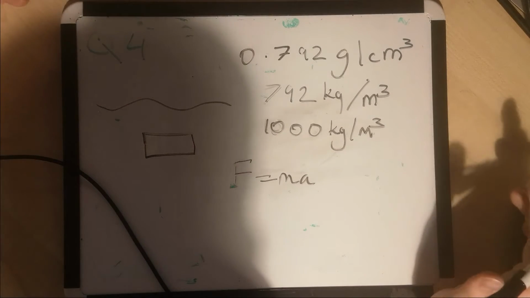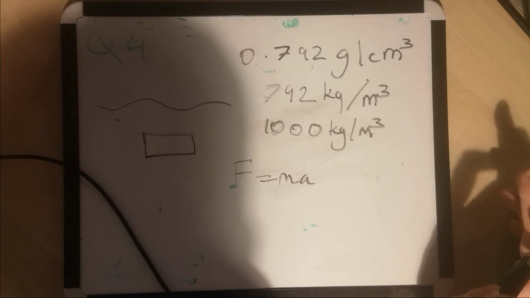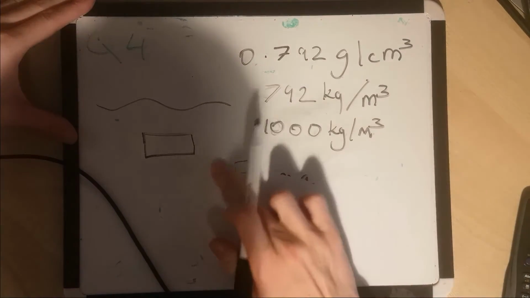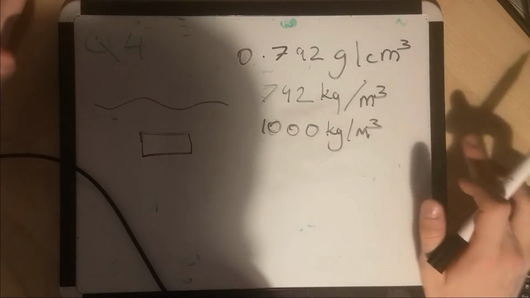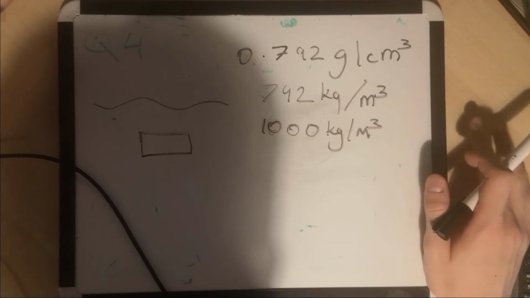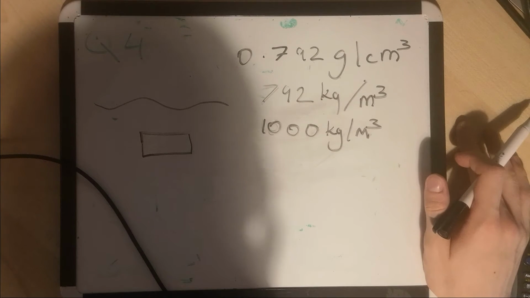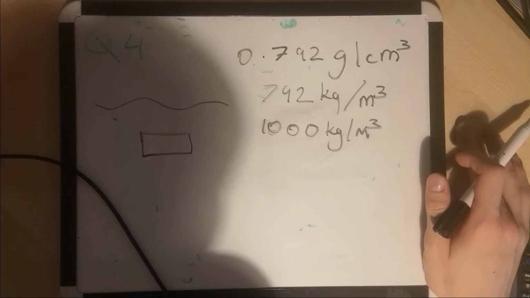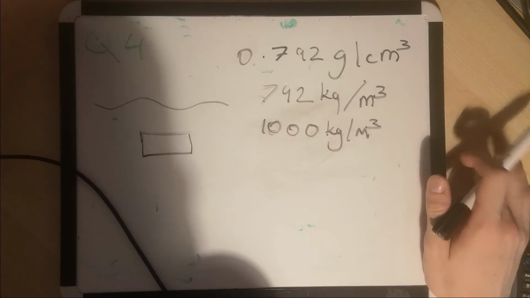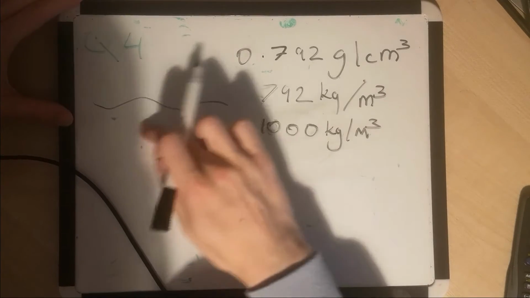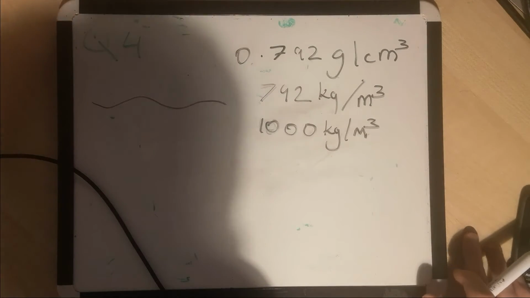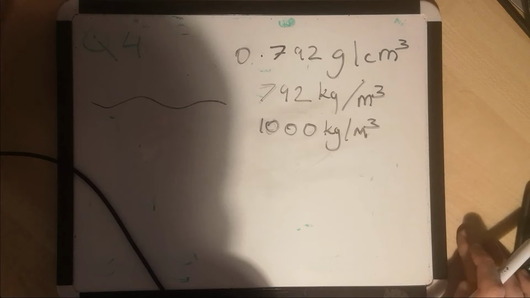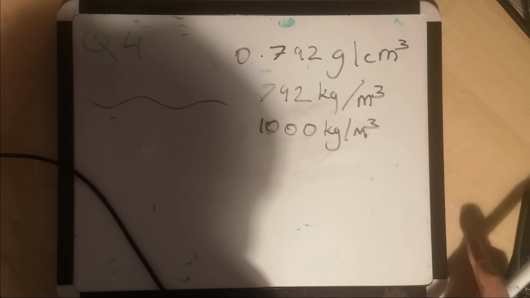Let's do the mass first. In this question we just have to make it up, because there is no mass. This sounds dumb, but once you understand why, I think it makes a lot of sense.